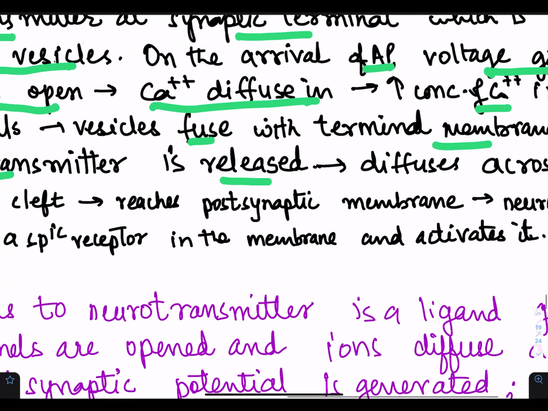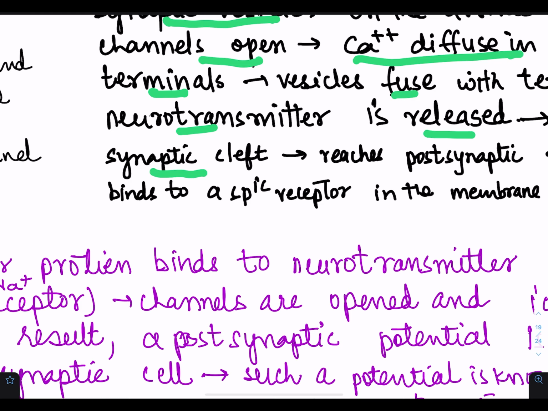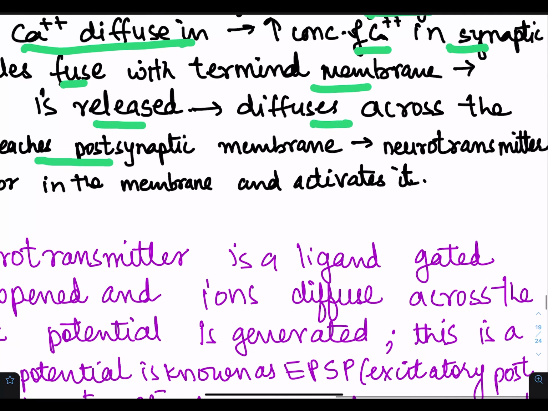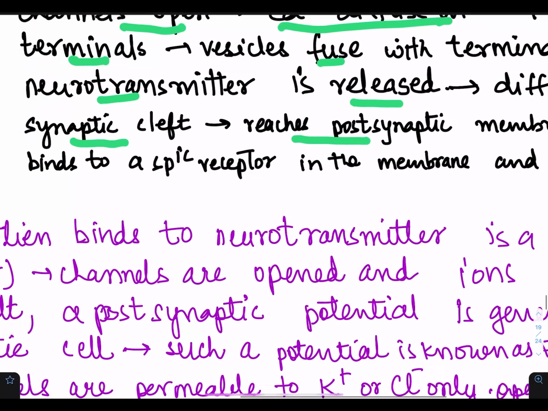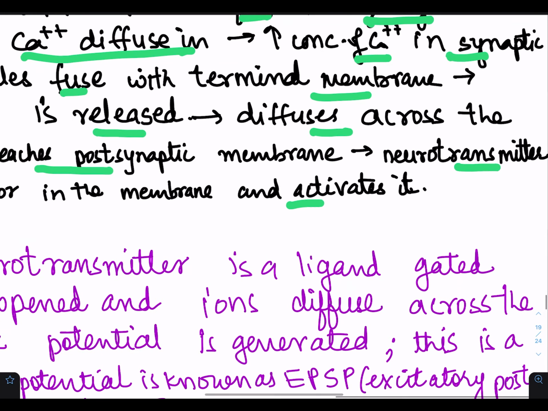This neurotransmitter diffuses across the synaptic cleft and reaches the postsynaptic membrane, and the neurotransmitter binds to a specific receptor in the membrane and activates it.